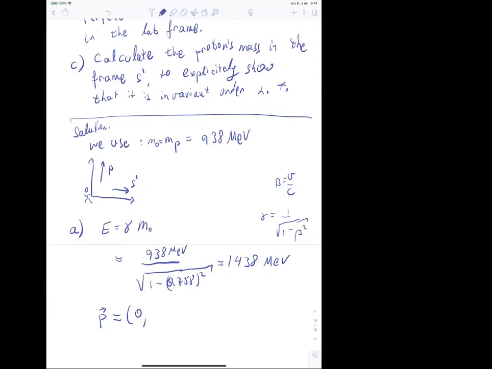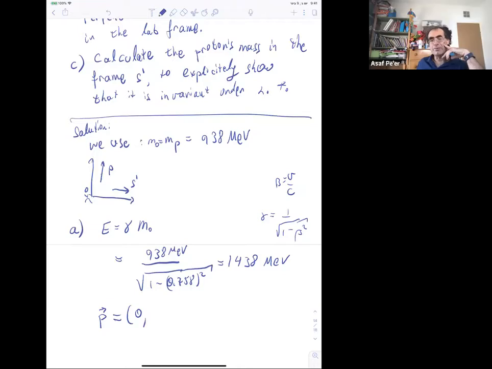Gamma m v, and in the natural units I'm using it's gamma m beta, the normalized velocity, since I'm already using mass in units of energy.